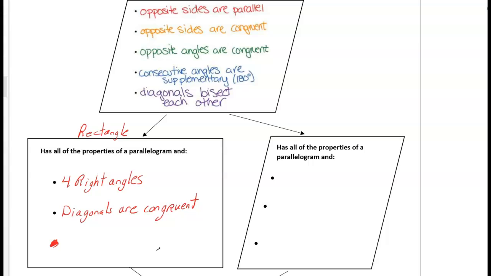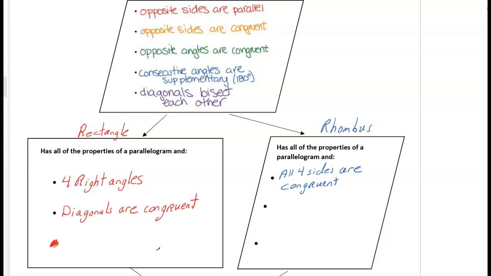Let's summarize that in our notes packet. I'm going to label this rhombus. The special properties of a rhombus: all 4 sides are equal. All 4 sides are congruent.